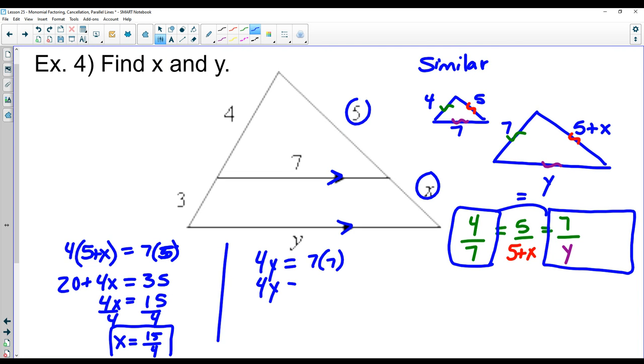So 4y equals 49. Dividing both sides by 4 then gives us our solution for y. y is 49 fourths. So remember we said that we're going to end up with a lot of fractions in this class as answers. So just leave it in fraction form. Reduce always if possible. But there you go. There is x and y. And lesson 25 is in the books.